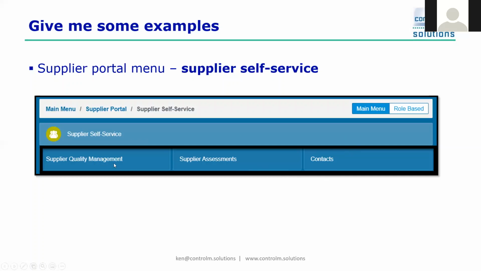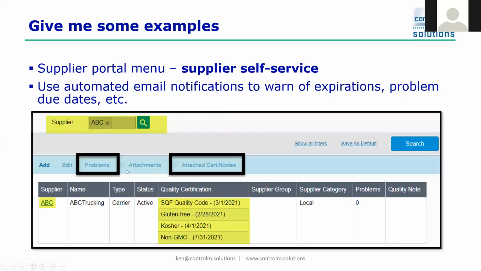Supplier quality management is another piece of this. And for you food and beverage folks, many of you may already be using this, but maybe not using it in the portal. So this supplier quality management allows us to, for each supplier, add a quality certification. In this case, maybe SQF or gluten-free or kosher or non-GMO, and then have an associated expiration date.